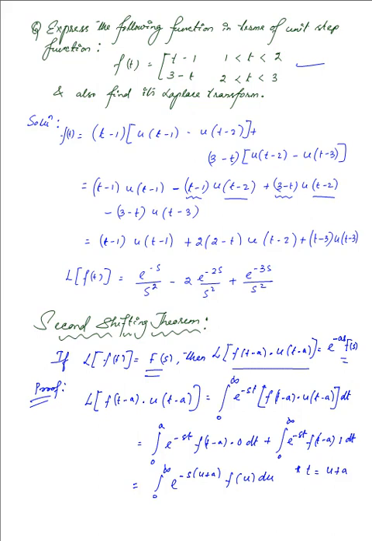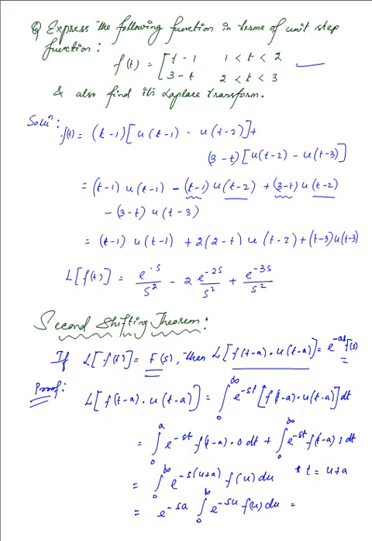The values that have been changed have been placed over there, and that will simply be equal to, well, we can take out the e raised to the power minus s a, and from 0 to infinity we'll be integrating e raised to the power minus su f of u du, and this is nothing but the Laplace transform of f of u instead of f of t.